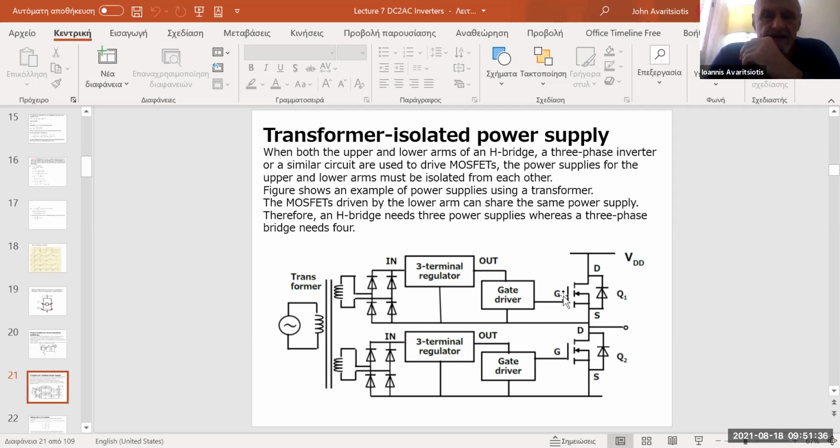So in this case, again, because this middle point, the common point, is isolated, it's very easy to use it. This is an alternative, if you like, of how to drive the upper part of the switches in the case of a bridge inverter.